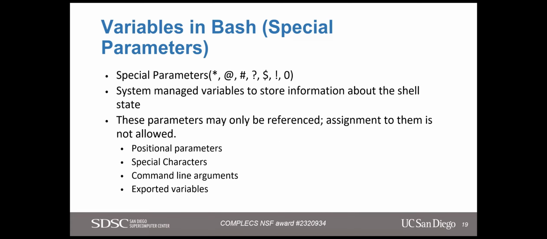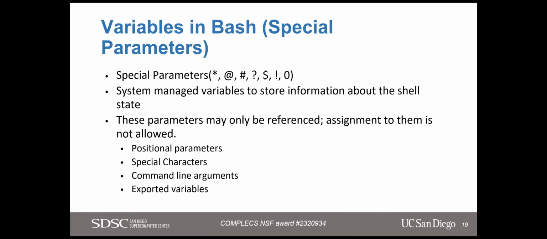So let's talk about the special parameters first. I mentioned before, when we talked about returning the shell using the $ sign. Special parameters are special system managed variables that store information about a shell state, such as command line arguments.